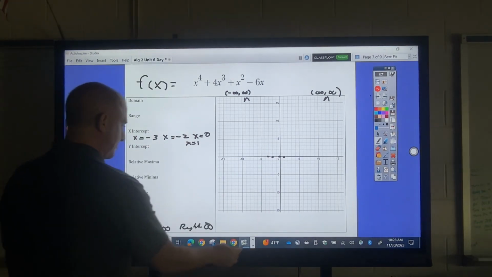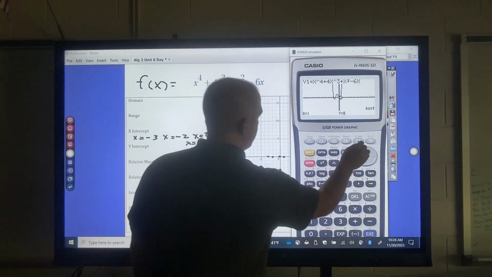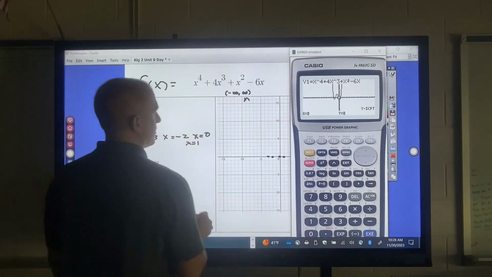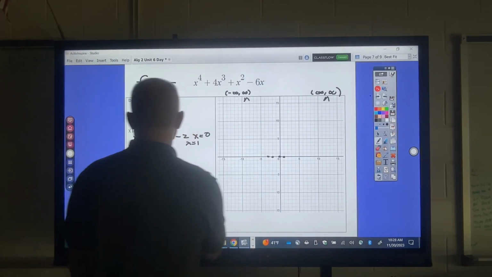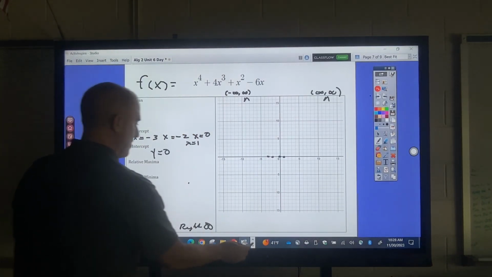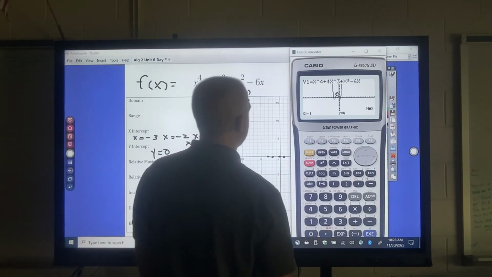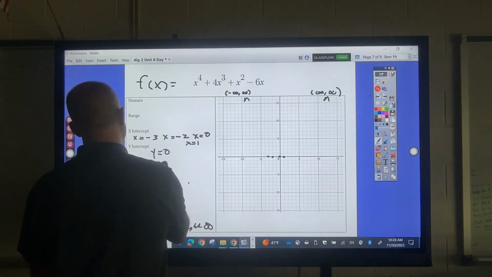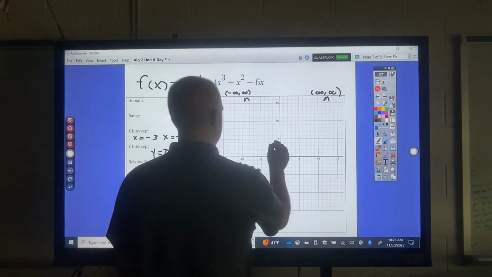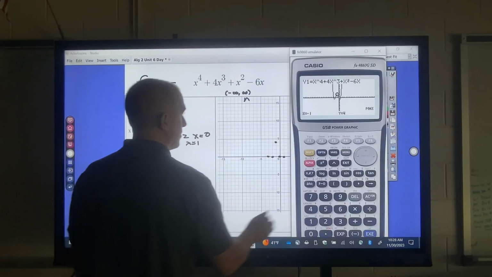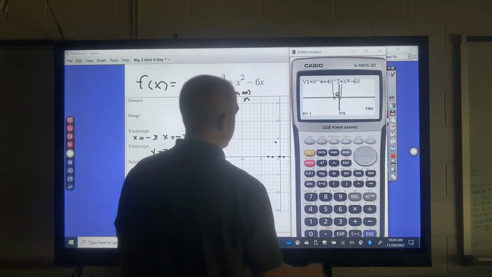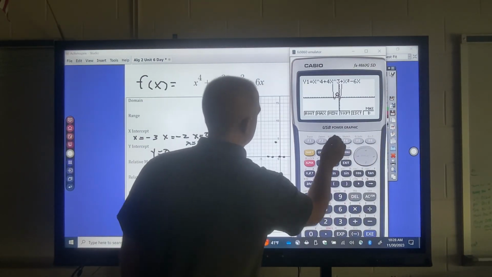Okay. Let's get the y-intercept. Is it 0? It's already on there. Let's get the minimums and maximums. Max, okay, I got negative 1, 4. Let's see if I have any others. That's it. G-Solve minimums.